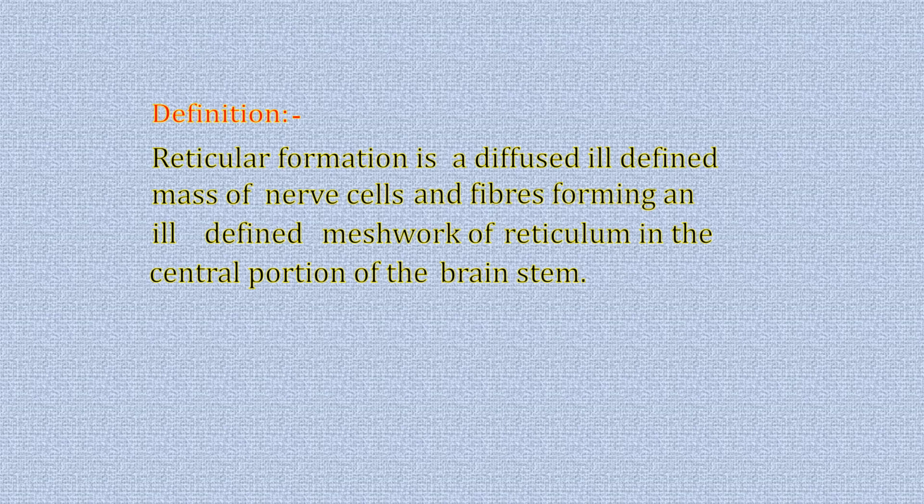As I have already told you in the first slide, reticular formation is a diffuse ill-defined mass of nerve cells and fibers forming an ill-defined meshwork of reticulum in the central portion of brainstem. Brainstem means midbrain, pons and medulla.